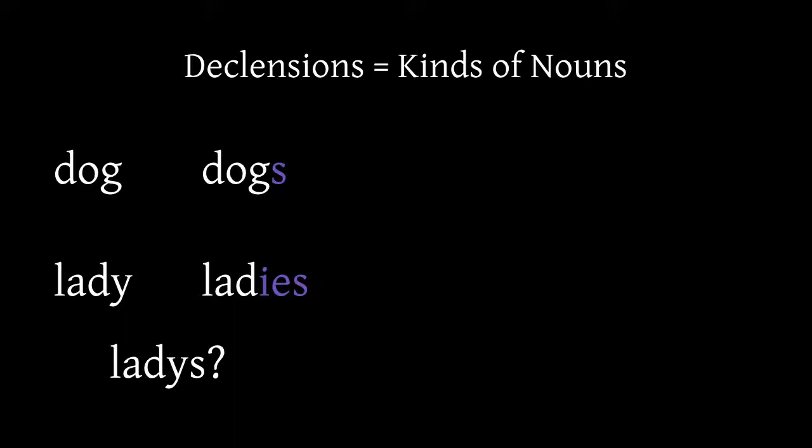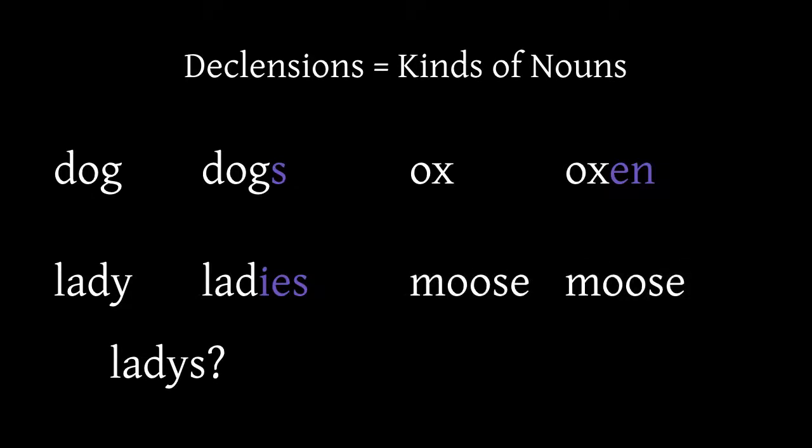It's not right. And why isn't it right? Well, that's just English. That's just the way we do things. Dog goes to the plural by adding S. Lady goes to the plural by dropping Y and adding IES. The same with ox. The plural of ox is oxen. The plural of moose is simply moose. We wouldn't try to make moose plural by adding an N. Why don't we do that?